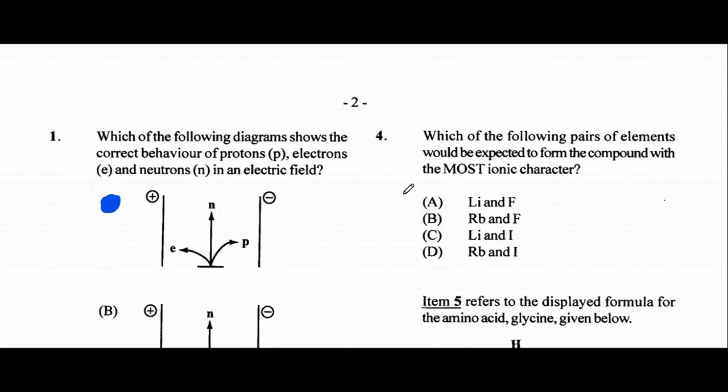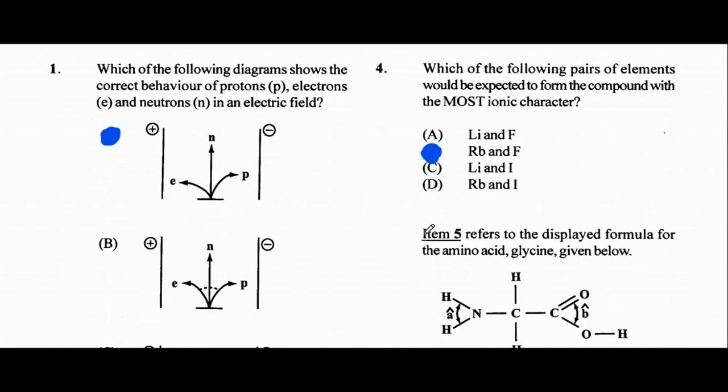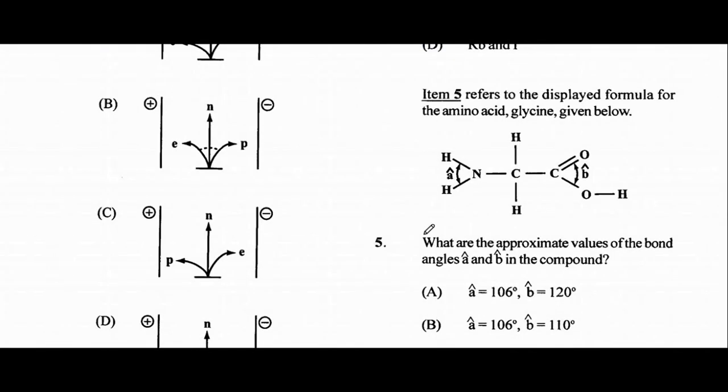So that would be B for number 4, rubidium and fluorine, because fluorine is the furthest up and the furthest to the right, and rubidium is the furthest below and the furthest to the left. Great.